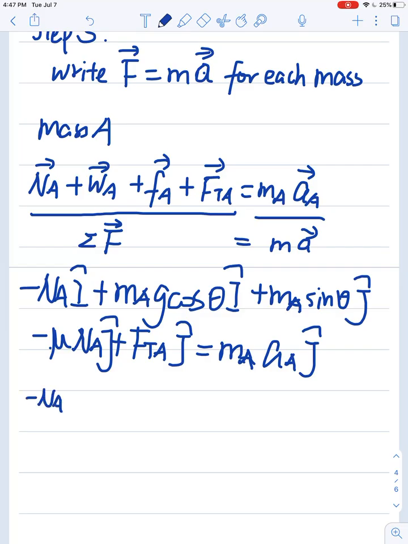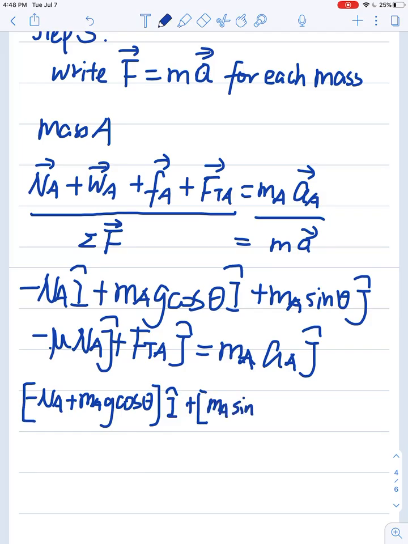For i components, we have negative NA plus MA g cosine theta. This is our i component. And plus our sum of all the j components.